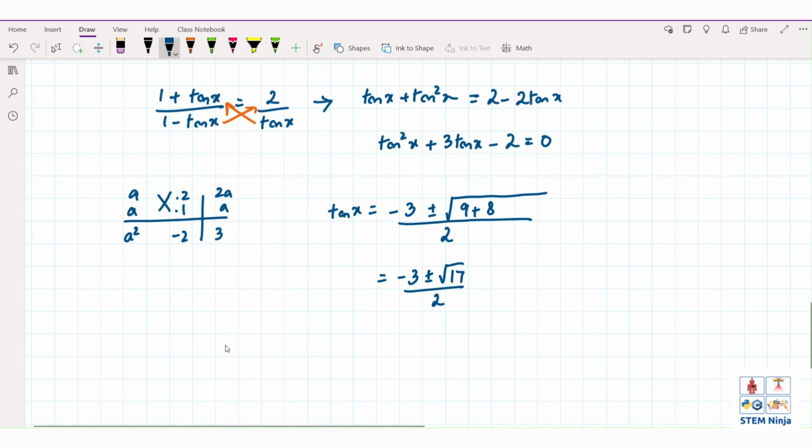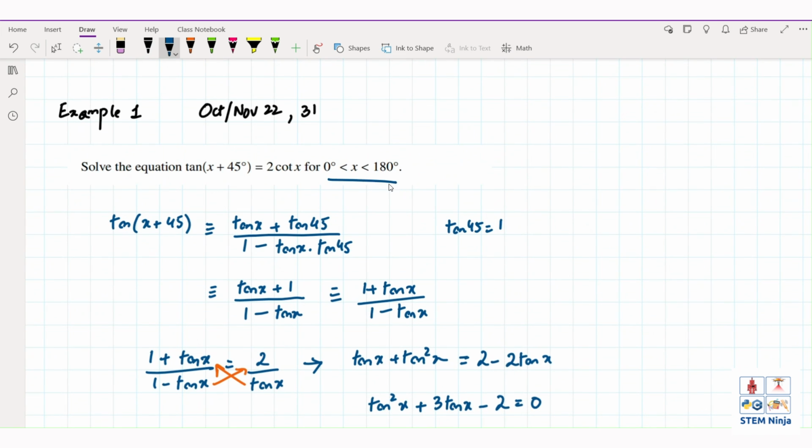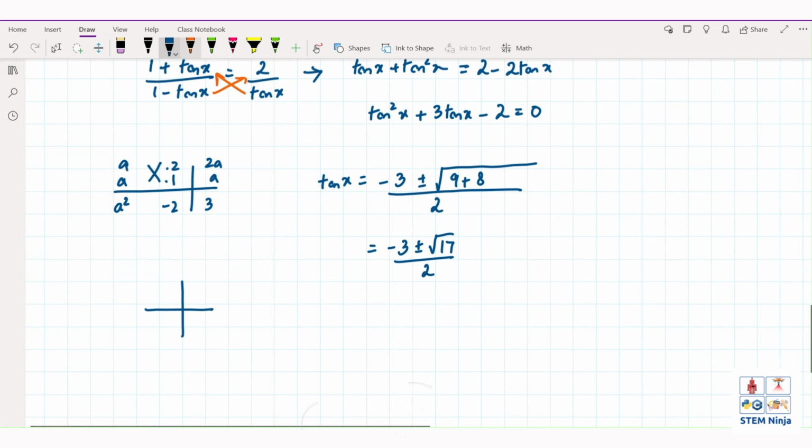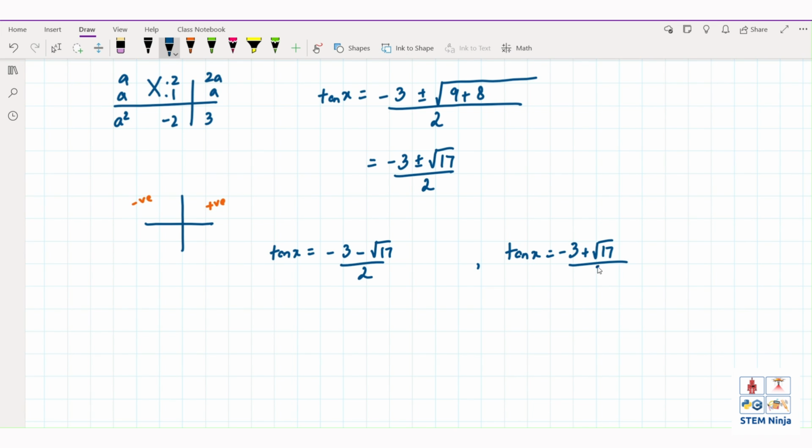Since we're looking for values in 0 to 180, tan is positive in this region and negative in this region, so we have to look for both positive and negative values. So tan x is either minus 3 minus root 17 over 2, or minus 3 plus root 17 over 2.